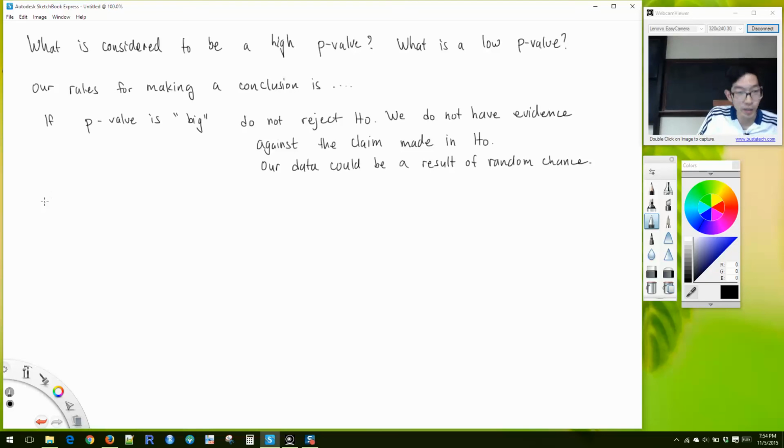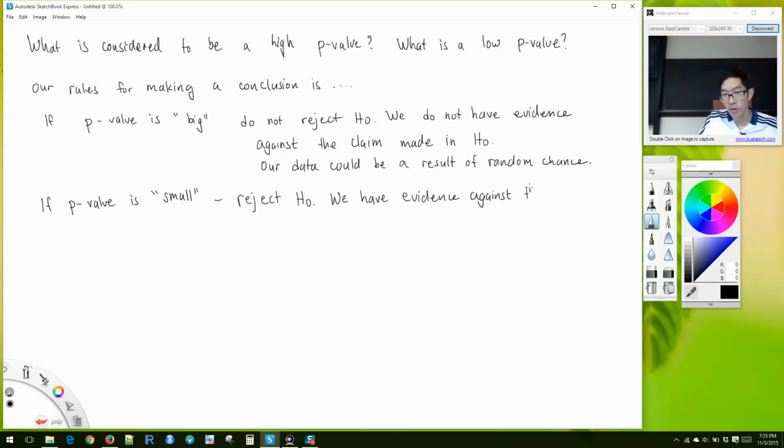And then the other conclusion is if the p-value is small, reject the null hypothesis. We have evidence against the claim made in the null hypothesis.